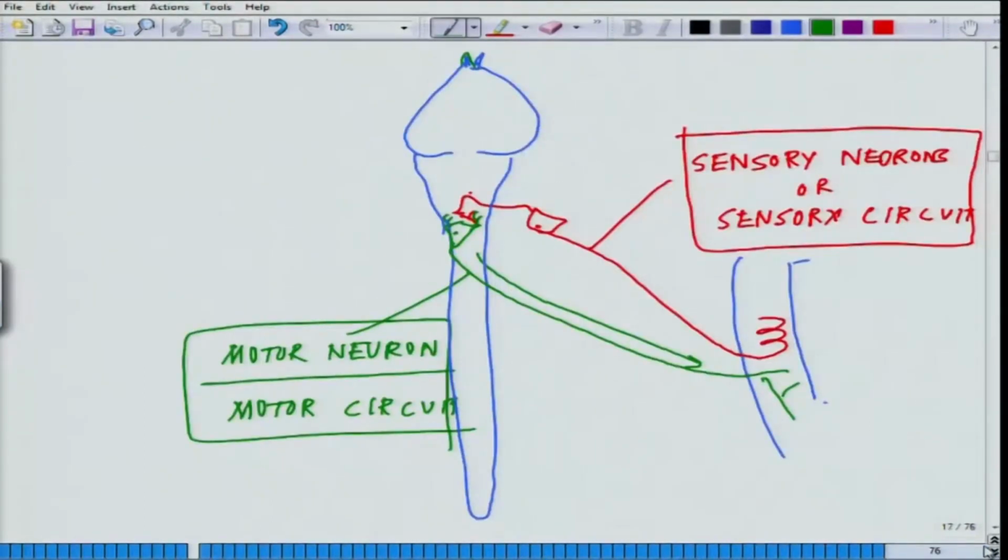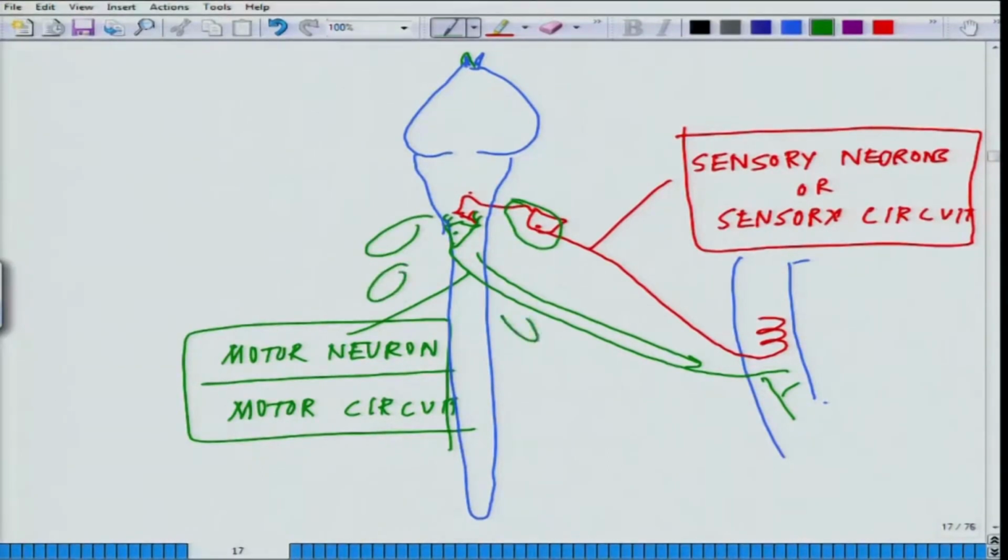And from there we moved on to the position of the motor neurons, which are sitting in the spinal cord, and the sensory neurons, whose cell bodies are outside the spinal cord in the ganglionic structure.